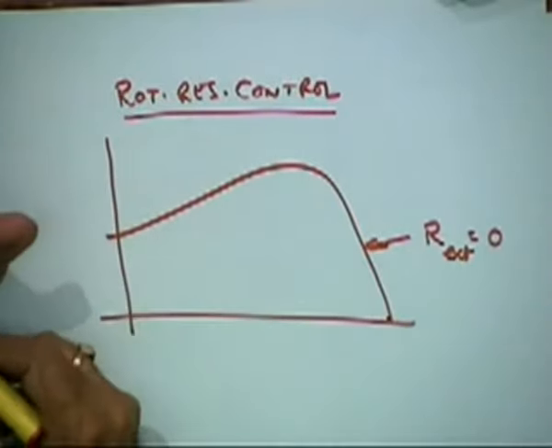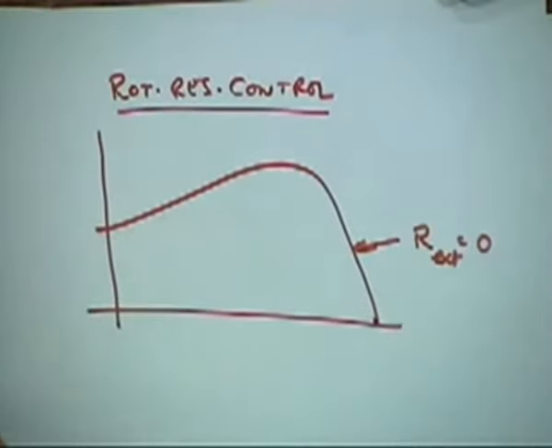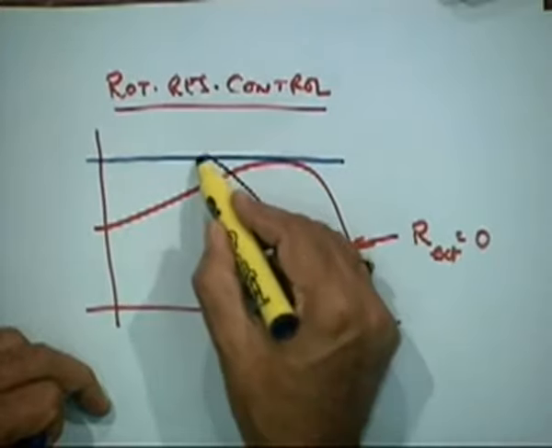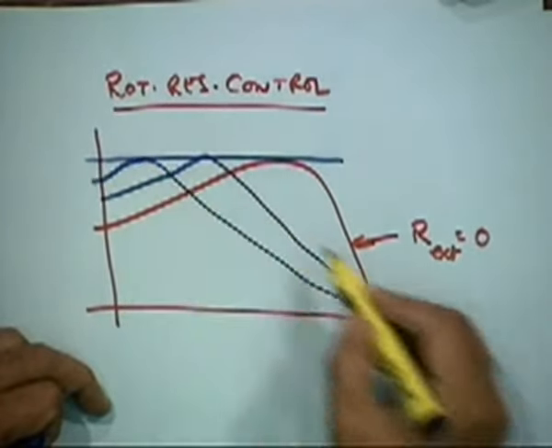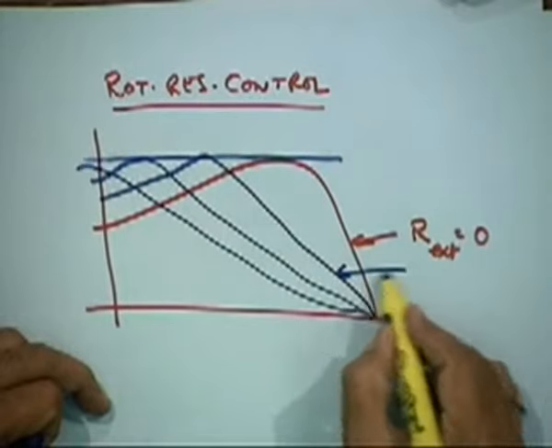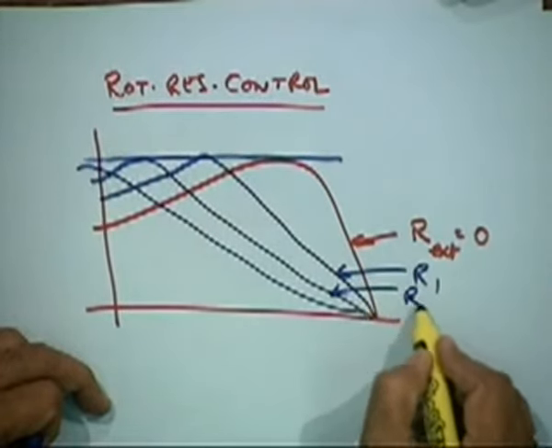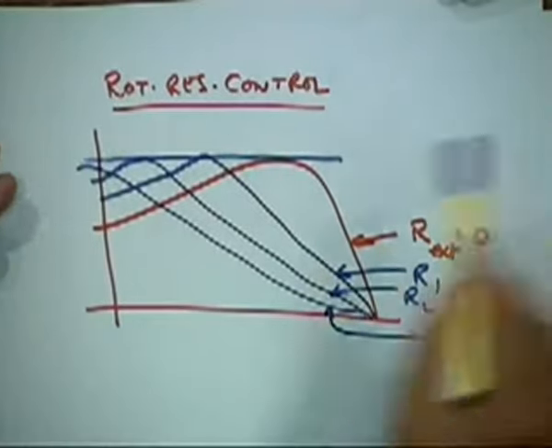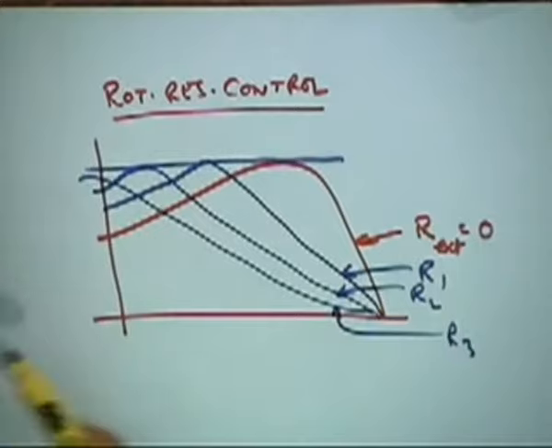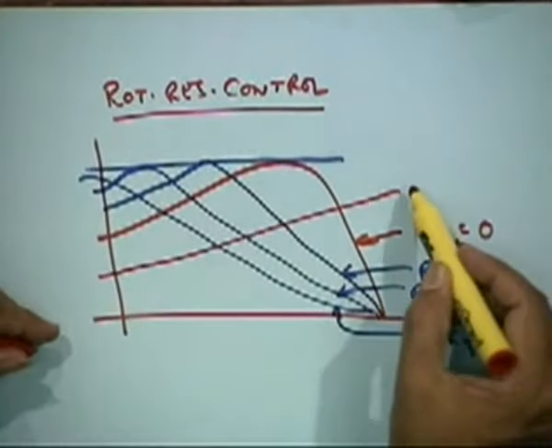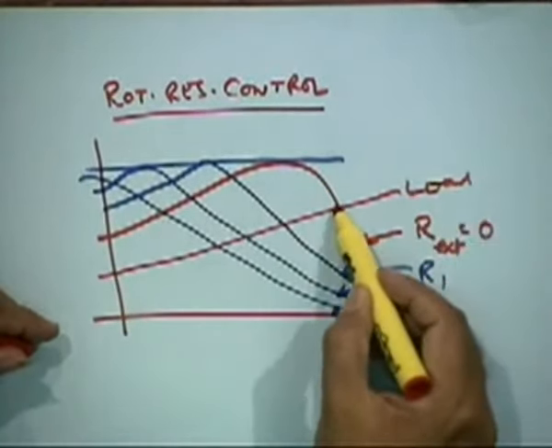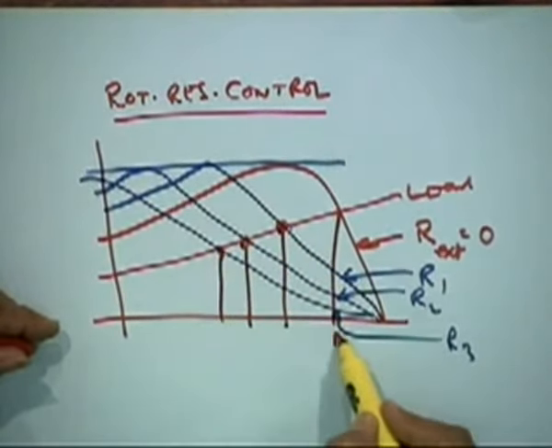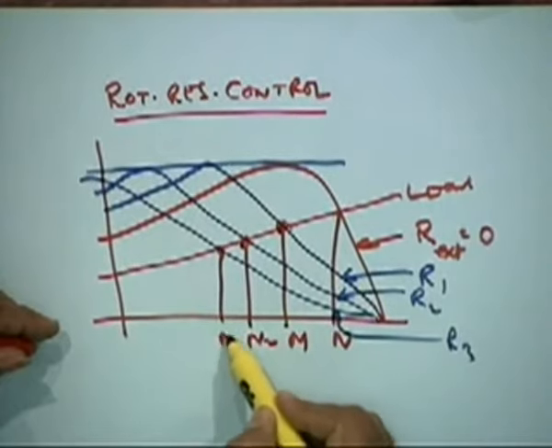You are aware that you can get a family of characteristics by adding resistance in the rotor circuit, with the maximum torque remaining the same. So this may be R1, R2, R3. That means if you want to connect a load, this is the load, it will operate at different speeds where there is an intersection point. Let us say N, N1, N2, N3.